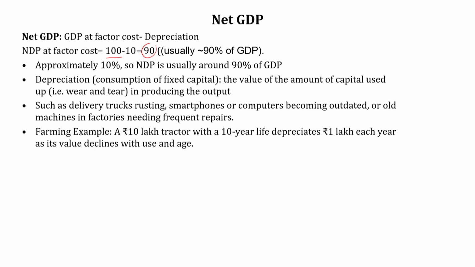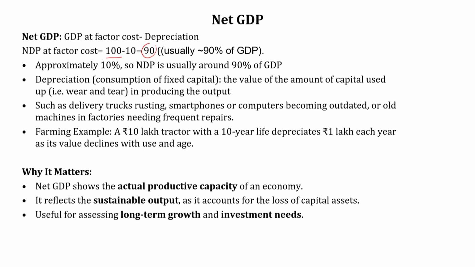Depreciation is also called consumption of fixed capital. That is the value of the amount of capital used up, that is the wear and tear in producing the output. Examples are delivery trucks rusting, smartphones or computers becoming outdated, or old machines in factories needing frequent repairs.